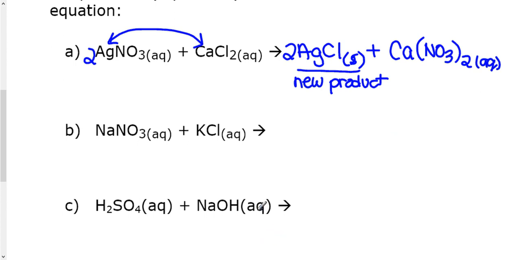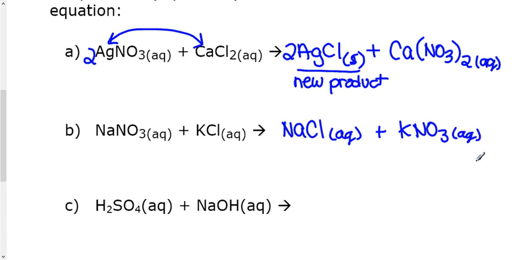So for our next example, we've got sodium nitrate and potassium chloride. If we were to write out both products, we would get sodium chloride and we would get potassium nitrate. And checking their solubilities, they're both soluble.